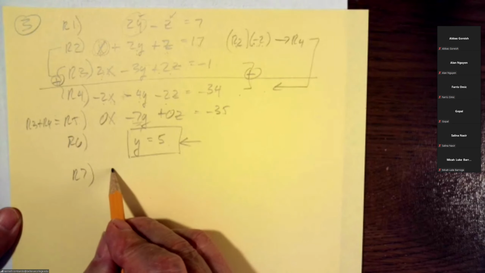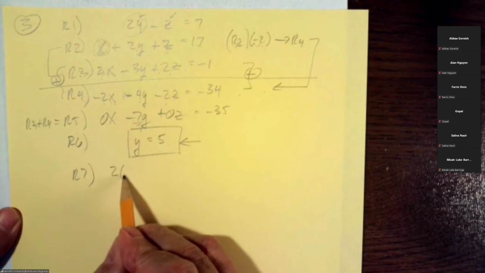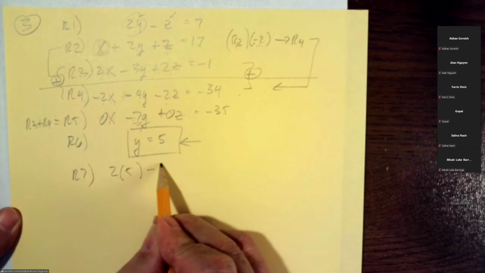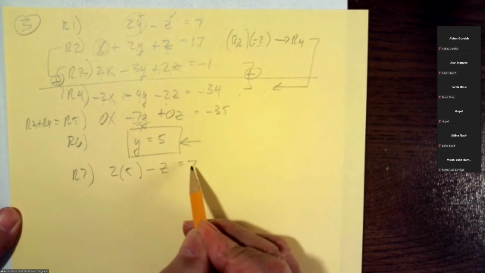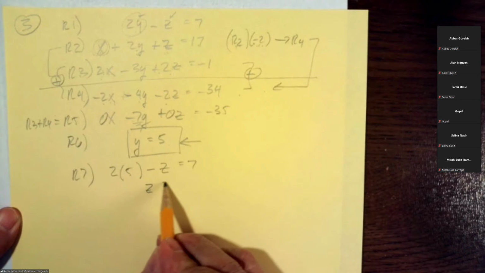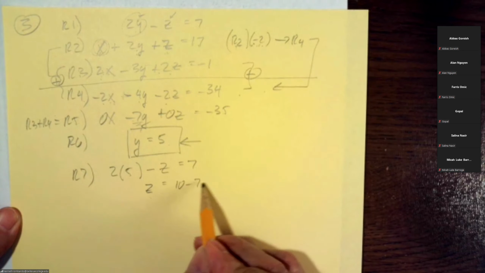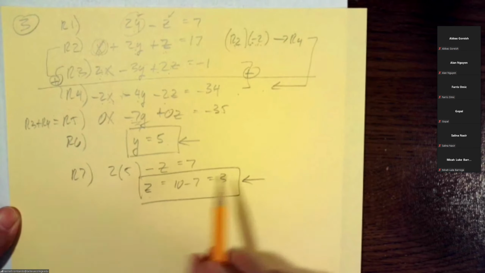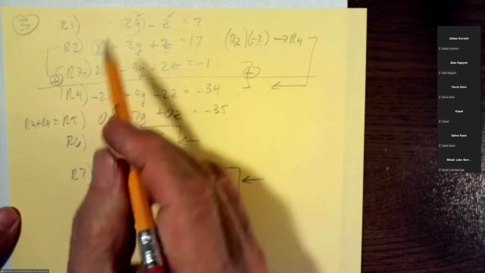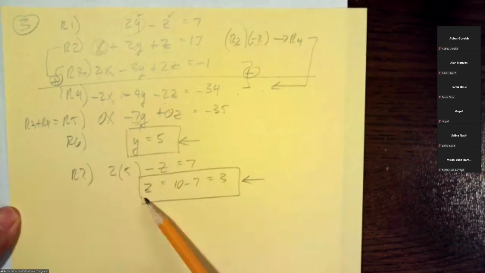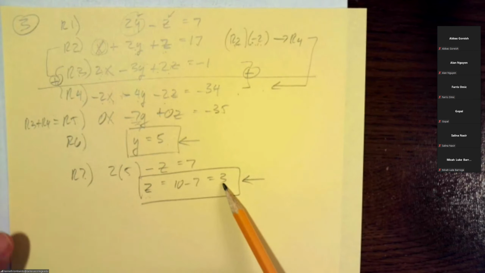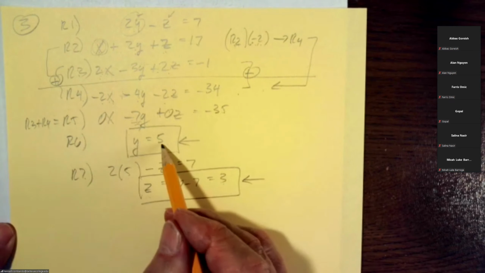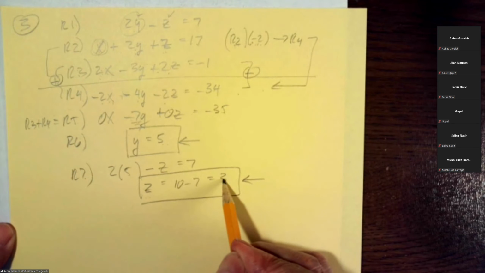So I could say 2 times 5 minus z equals 7, or z equals 10 minus 7 or 3. So substituting back into this equation, I solve and say z equals 3. And so now I've got both y and z. I just need to solve for x.